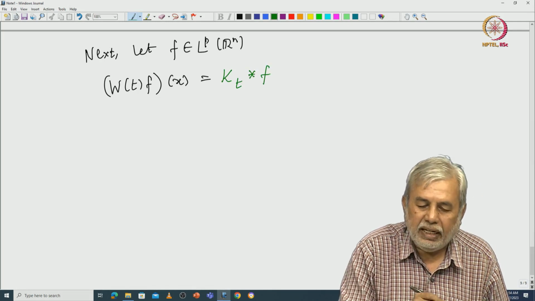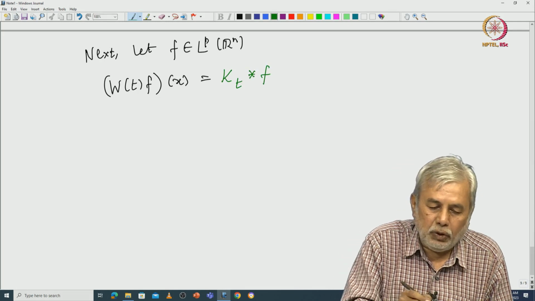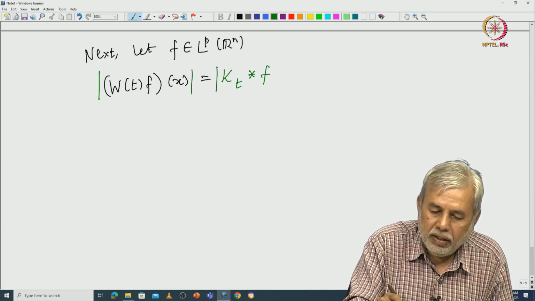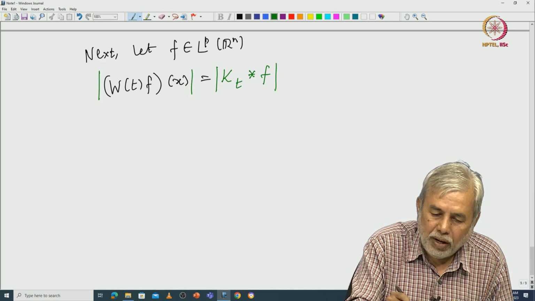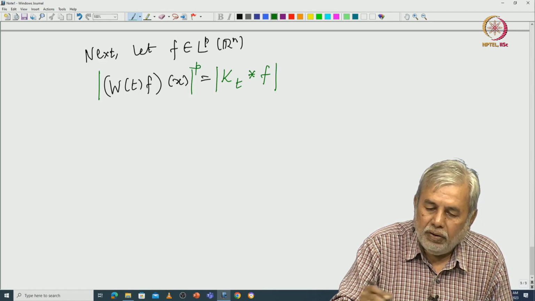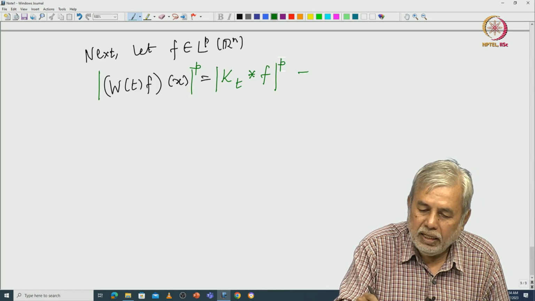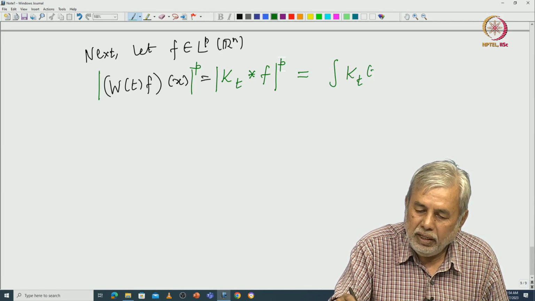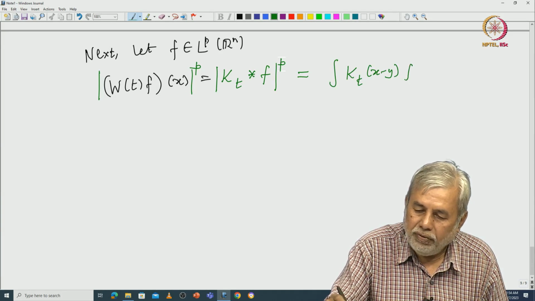You write that integral and other things. So you take the absolute value, and then you take 1 to the power p. So this is precisely the integral of K t of x minus y times f of y to the power p dy.